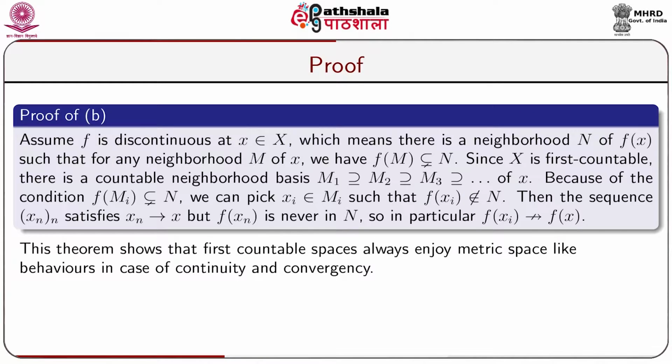But because f(Mi) is not contained in N, we can choose xi from Mi such that f(xi) does not belong to N, and we can choose such xi for each i belonging to capital N. Then the sequence xn obviously converges to x as the sequence Mn decreases, but xn is never in N, so in particular f(xn) does not converge to f(x).